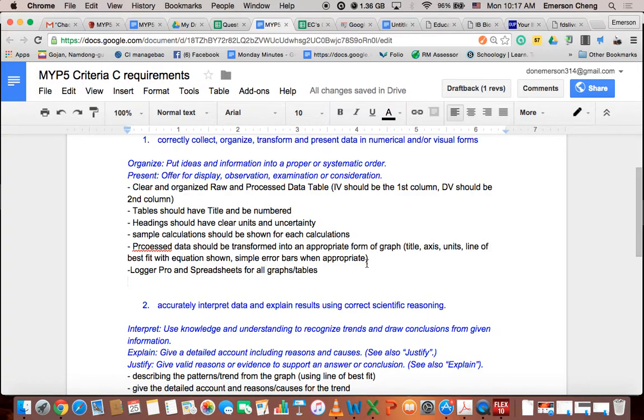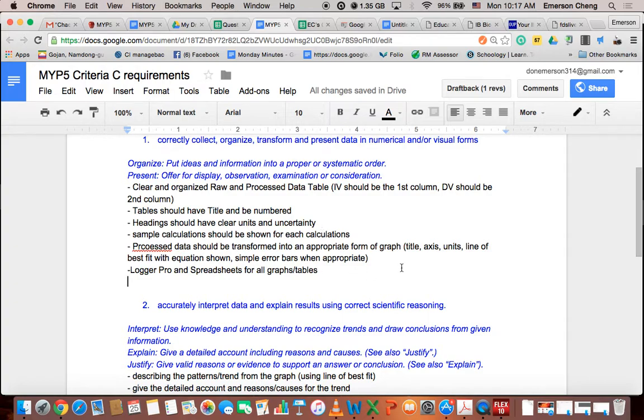Bar graphs are only really good for discontinuous data. Okay, what are people's favorite color? That kind of stuff. It's not continuous data. Because if you use the wrong form of graph, a few people have learned last time, they lose a mark in this section.